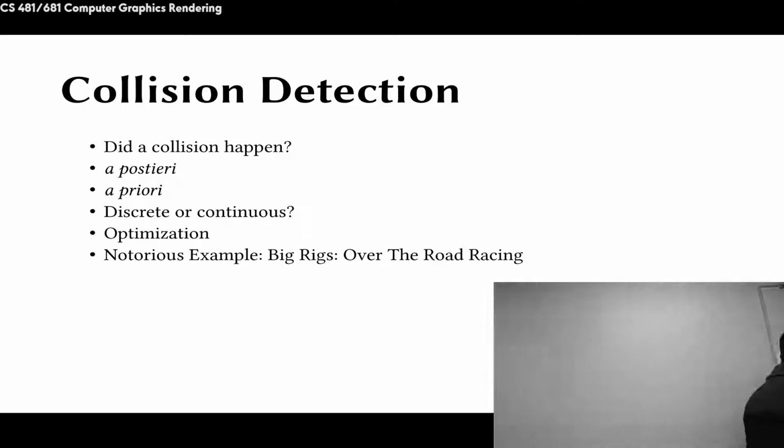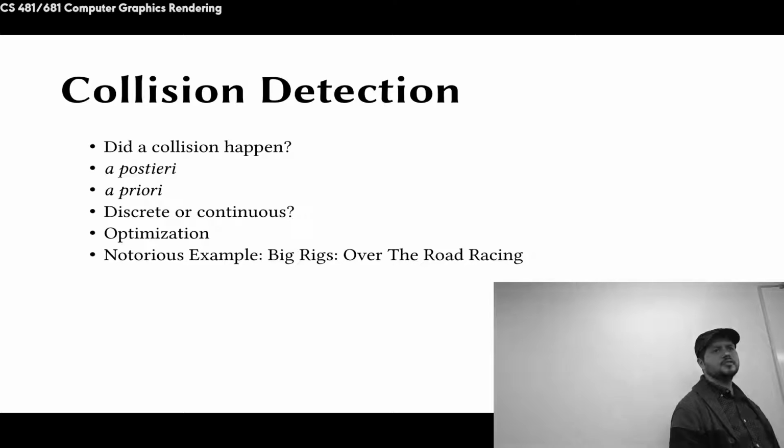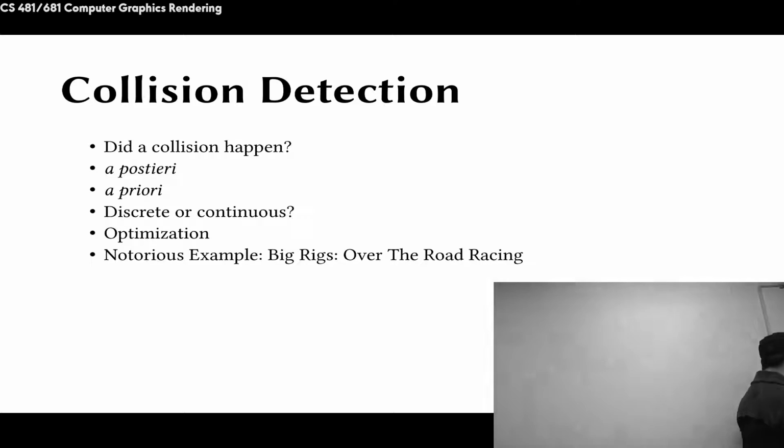So we say that it's going to be traveling along this line. Then we need to see, does this intersect with the barrier or not? Which it doesn't in this case. Okay, and then does it intersect again?